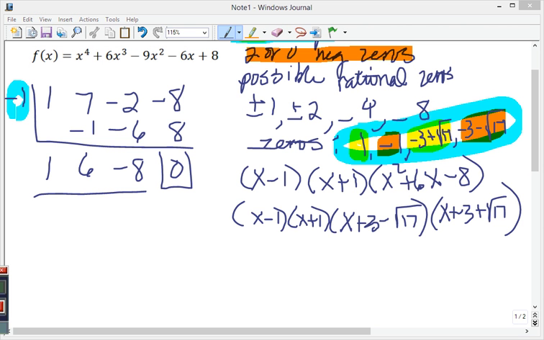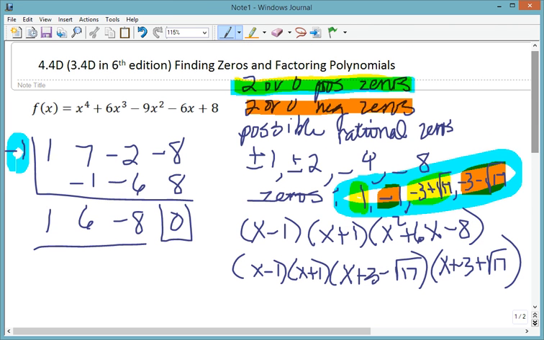So just to review again what we're doing, we get the information we have on how many positives, how many negatives. It didn't tell us a whole lot of information. It would really be useful if you knew for sure there was exactly 1, or if you knew for sure there were none. That's when it's most useful. We find out our possible rational zeros.